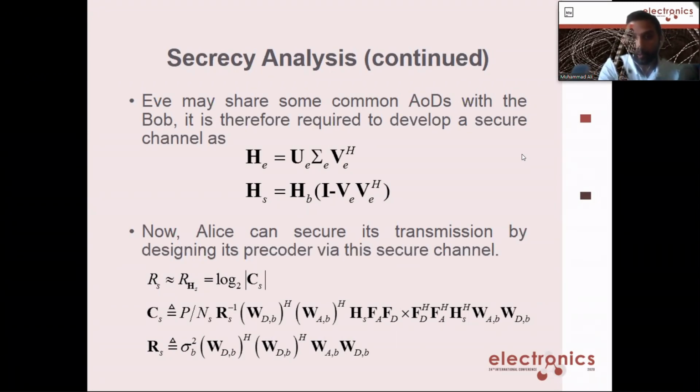Hence we get the secure channel. After getting the secure channel, our secrecy analysis can be expressed as this equation, similar to the previous one, but we have changed from HB and HE into the HS model.